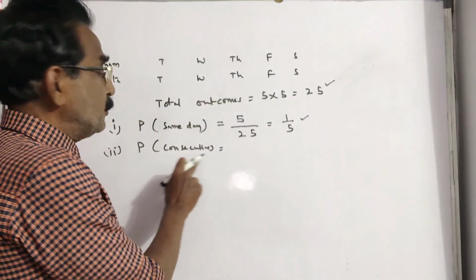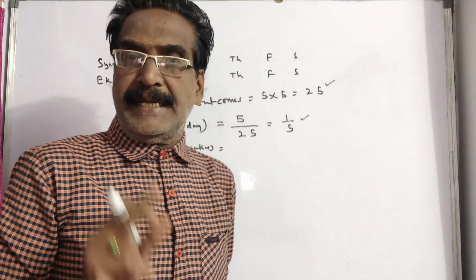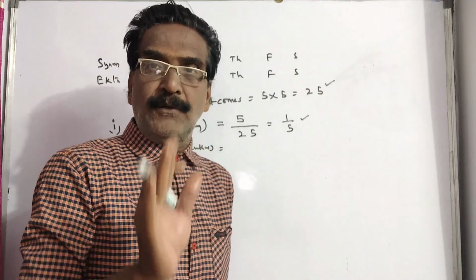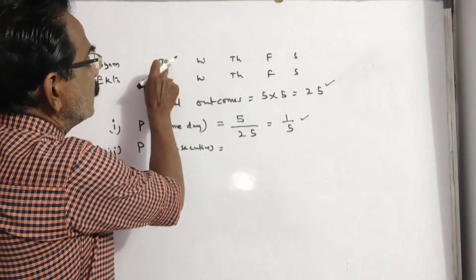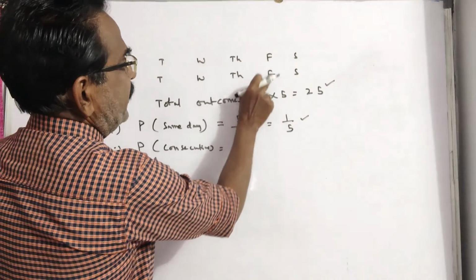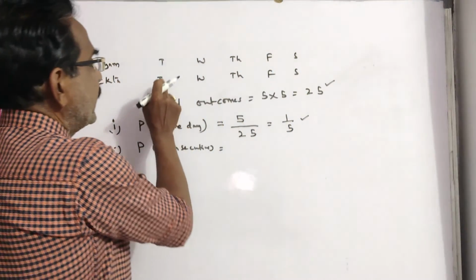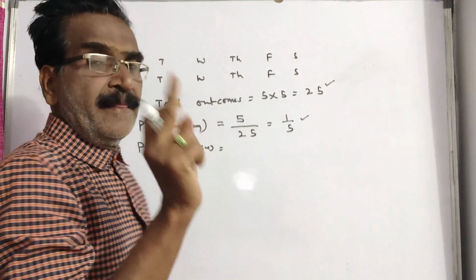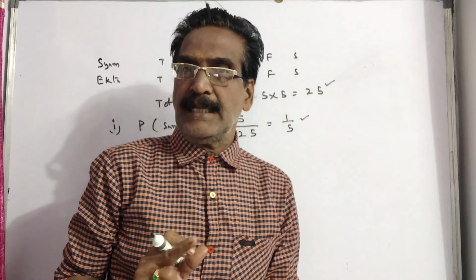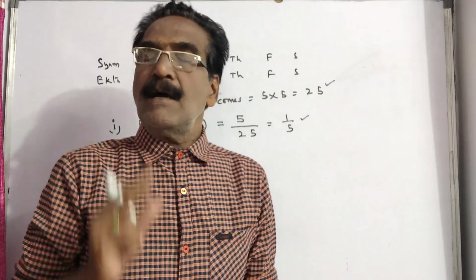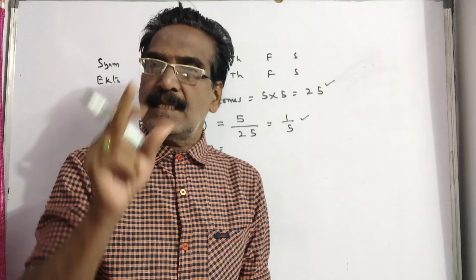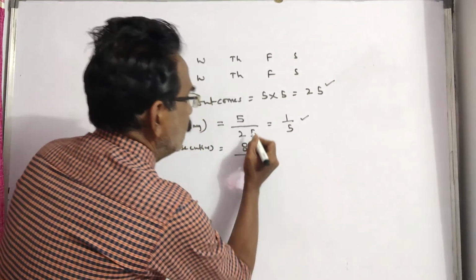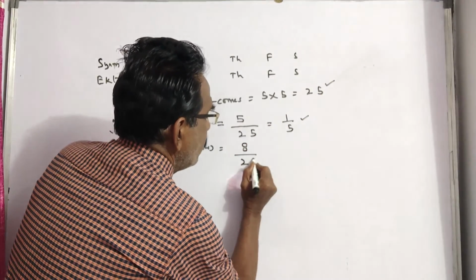So there are 4 plus 4, 8 favorable outcomes for their visiting on consecutive days, and total outcomes are 25.